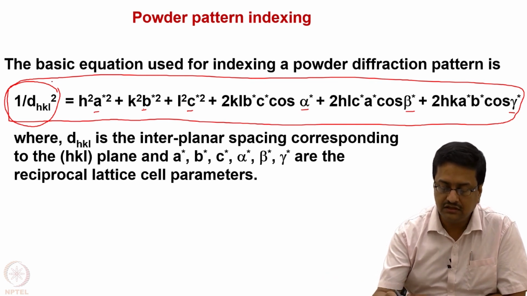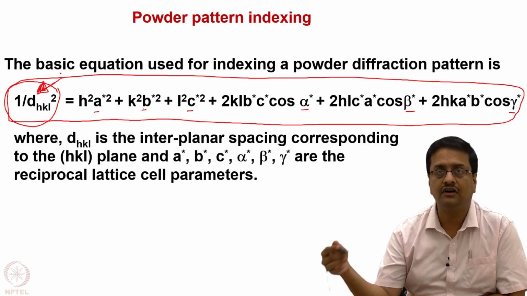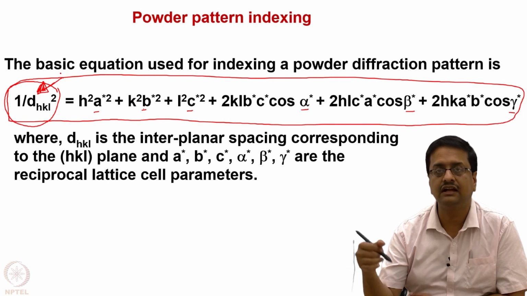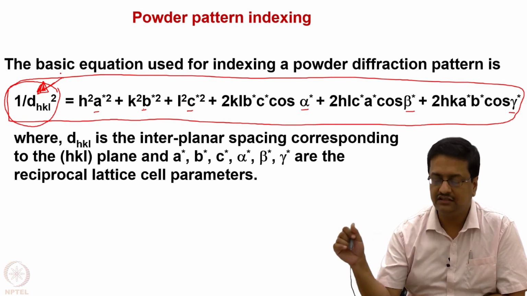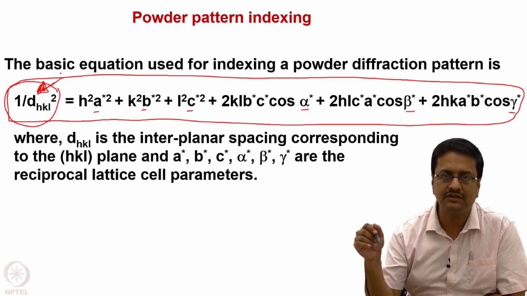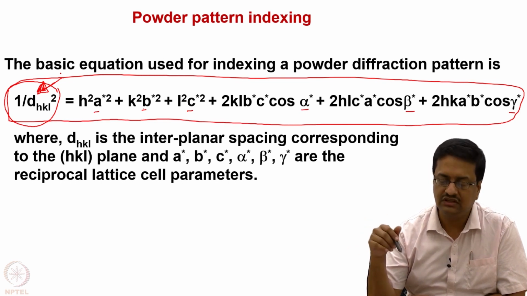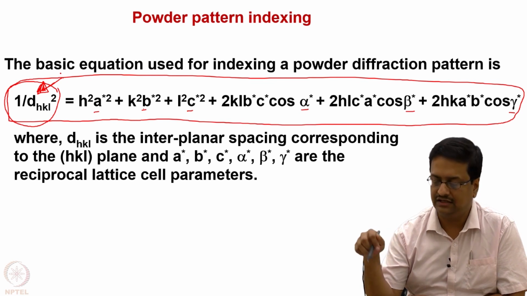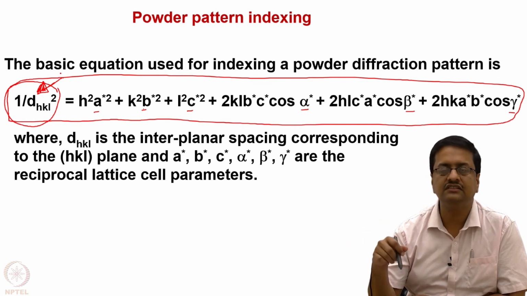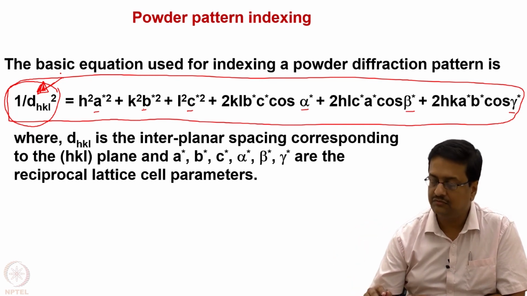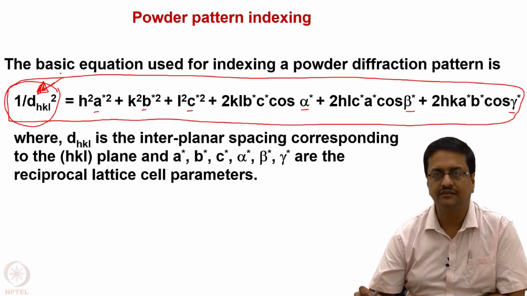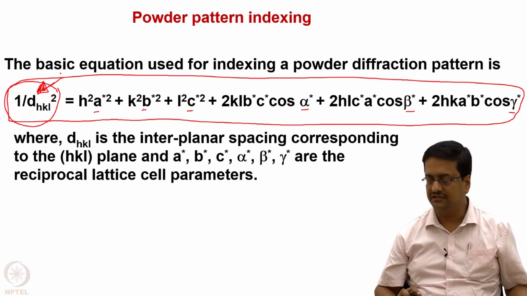So we need a large number of d values to be able to solve this simultaneous equation to get the values for a, b, c and then identify each and every peak in the powder diffractogram with the corresponding Miller indices H, K and L. This becomes easier when we use any cubic sample, which I think has been discussed in one of the lectures, where we try to index a powder pattern for a cubic system using a divider error method.